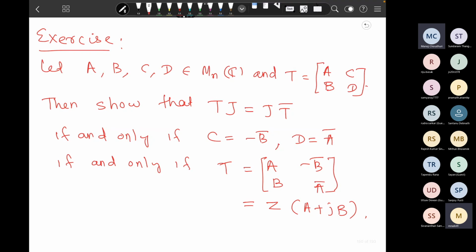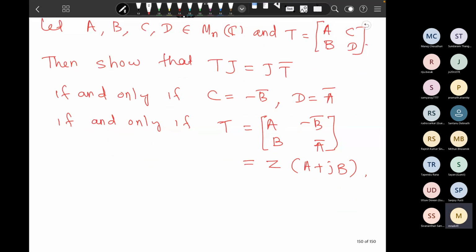If you take any matrix in M2N C of this form A, B, C, D satisfying this, then it can be realized as Z of U for some U in MNH. Yes. So this is precisely that.